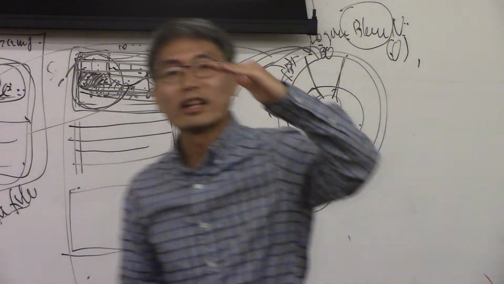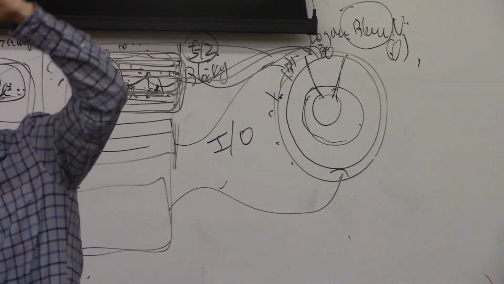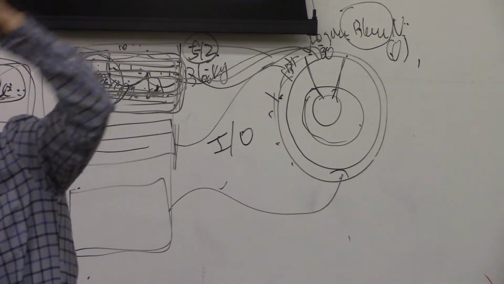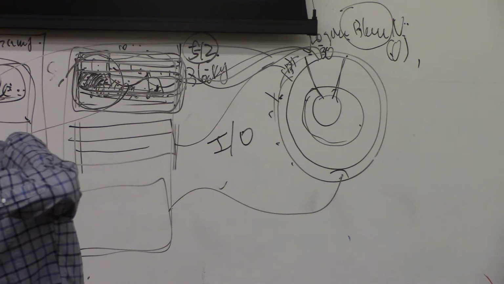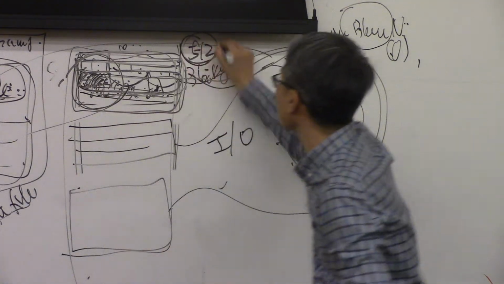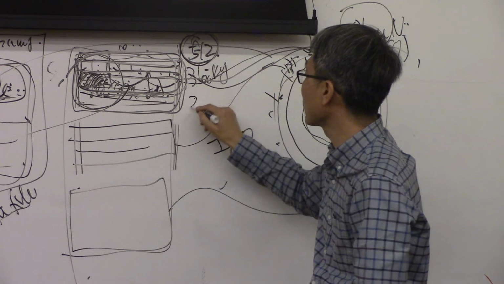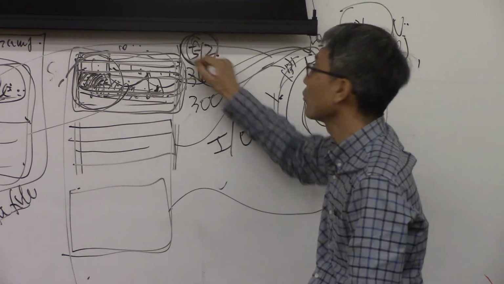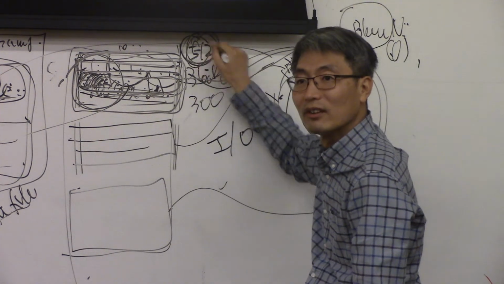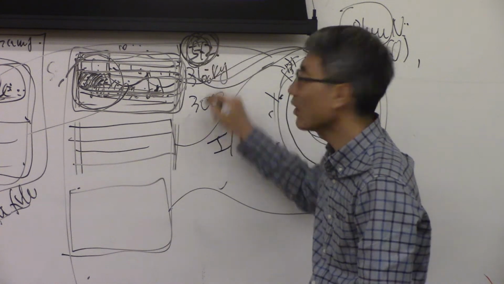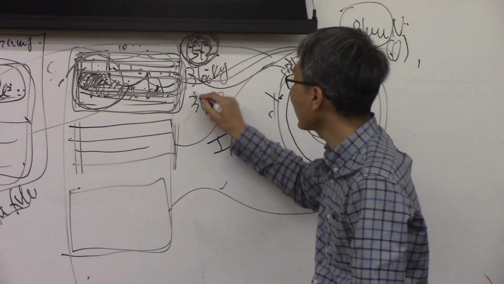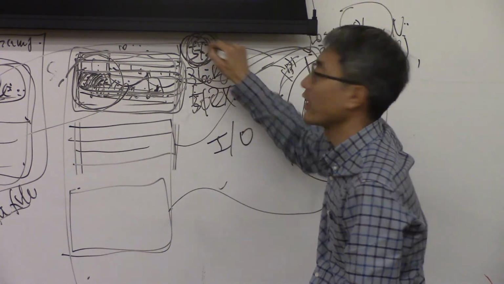As I said, the database is running on top of the operating system. It relies on the operating system, which means if the operating system uses 512 bytes and I'm using 300, anyway we need to use this one.